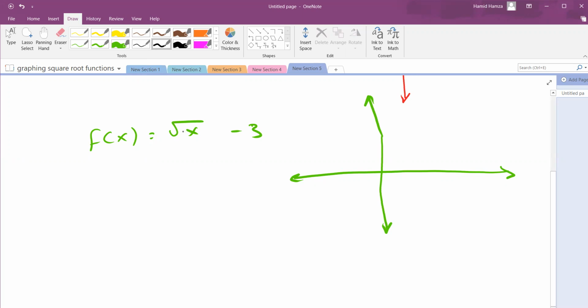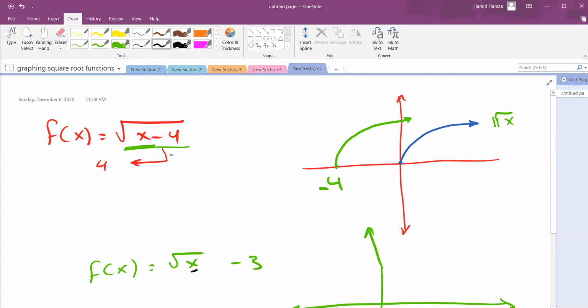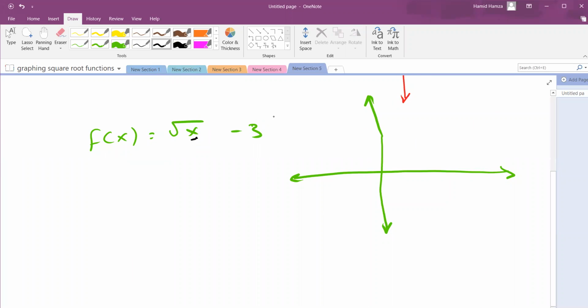The number is outside the bracket. It is not with x. It's outside the root. That means up or down. Right and left depend on the sign. This one means the parent function will move down 3 units. So the parent function will be here, like this.